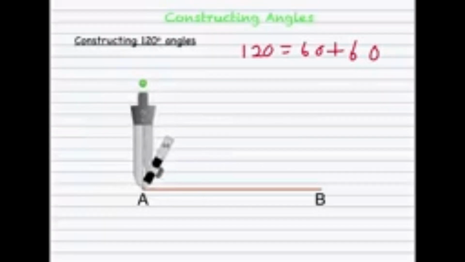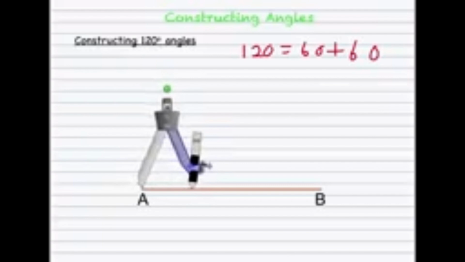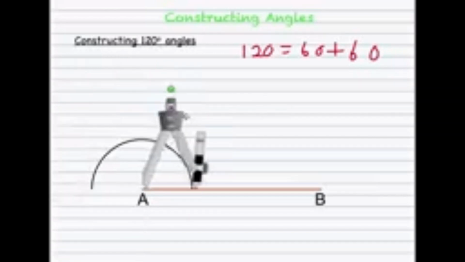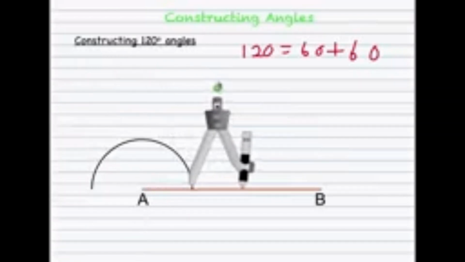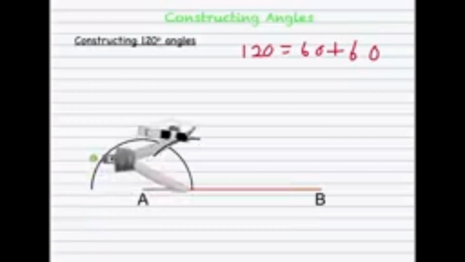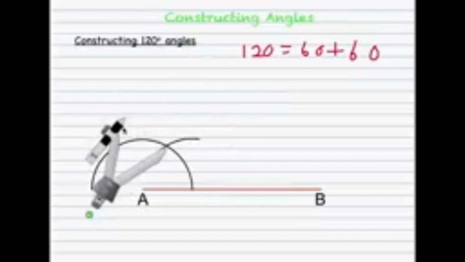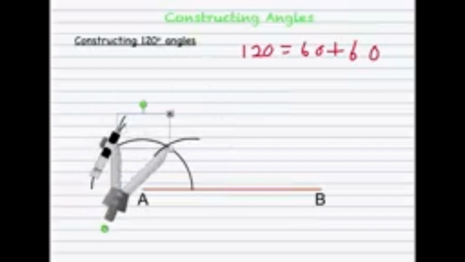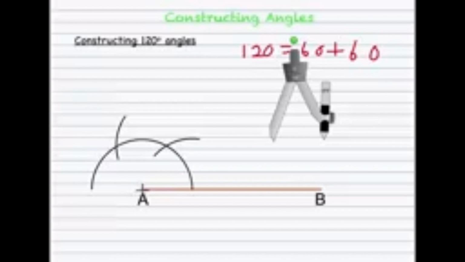I'll take the tip of the compass to the point A, open it about a third of the distance between A and B, and create a semicircle backwards. I lift the compass up, put it at this point, and create an arc which cuts the semicircle. Then move it to this intersection and create a new arc behind the first one. And if I connect a line from the point A to this new intersection, that is 120 degrees.